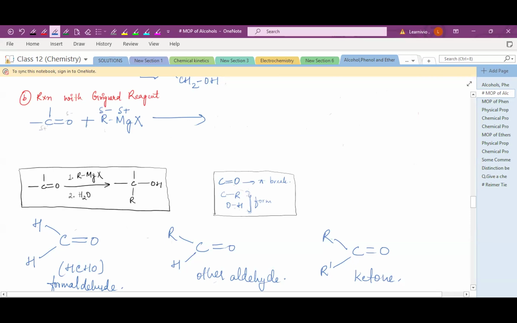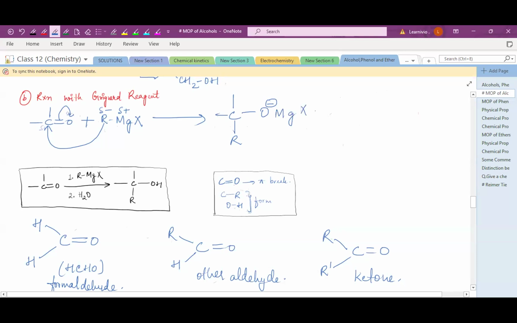So this alkyl group will get attached to this carbon and this bond will shift over here. So this alkyl group you will write down over here, and on the oxygen, what will come? Minus charge. So if it gets a minus charge, this MgX will be attached over here, right?